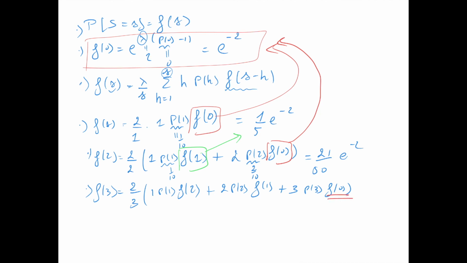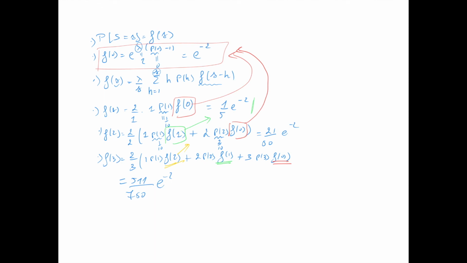Again, f0 was calculated in step 1, f1 was calculated in the step before, and from the previous step, we also have f2. You can then plug in all the values to get 511 divided by 750 e to the power minus 2.